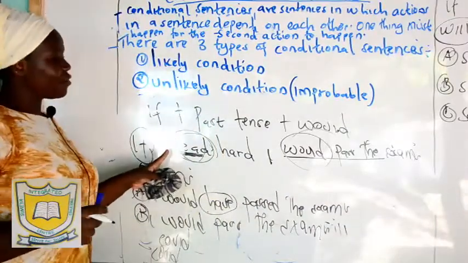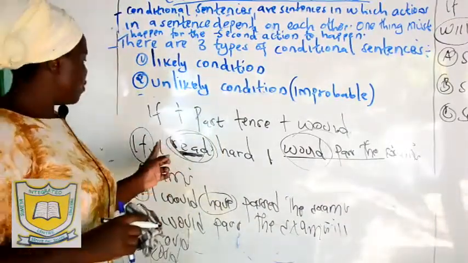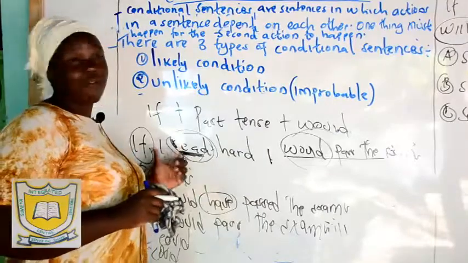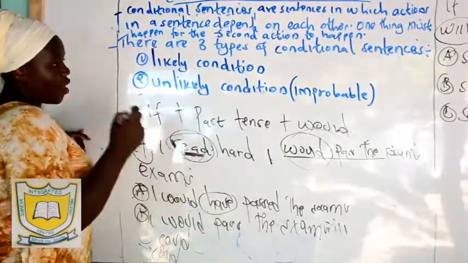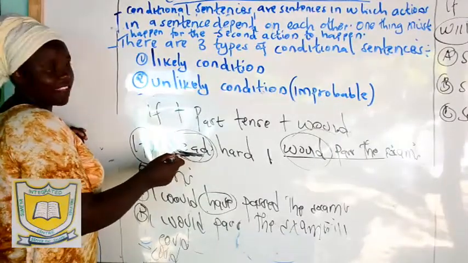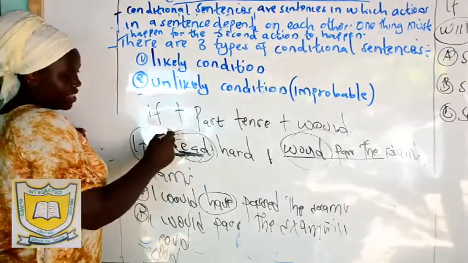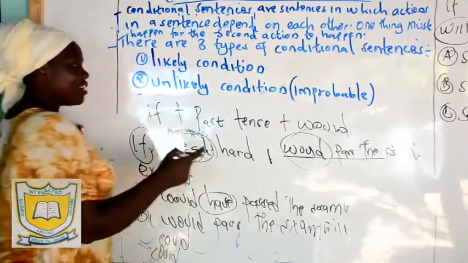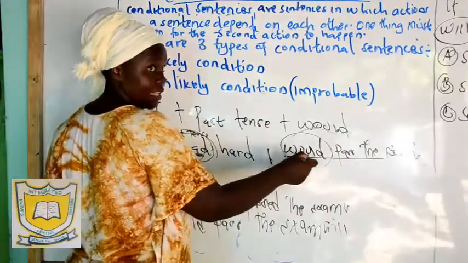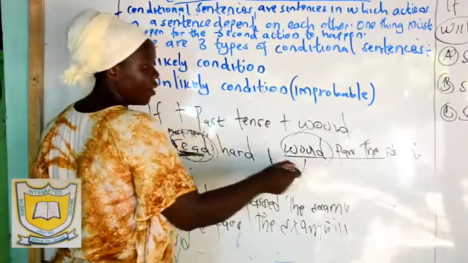So if this sentence comes in the exam and then they ask you to complete, you just check the tense in the if clause. If my tense is in the past tense, then I know here I should choose would, standing on its own.